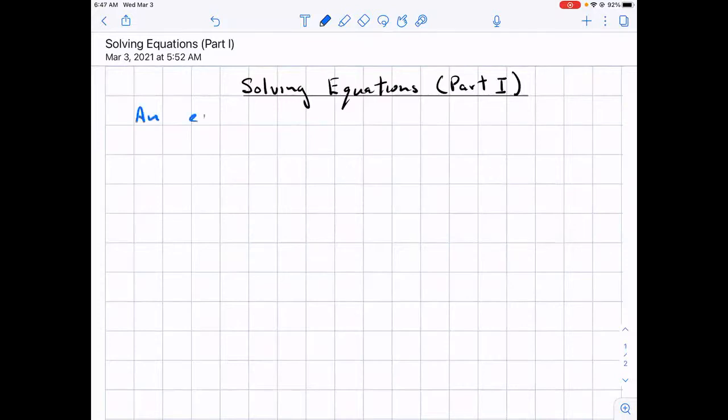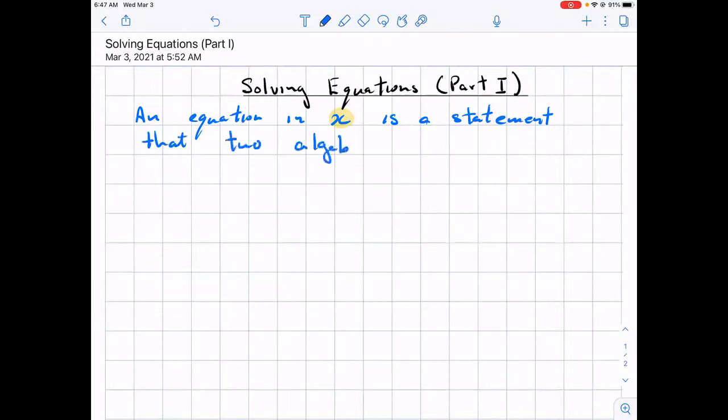An equation in X. What we mean here is that the variable in the equation is X, is a statement that two algebraic expressions are equal.